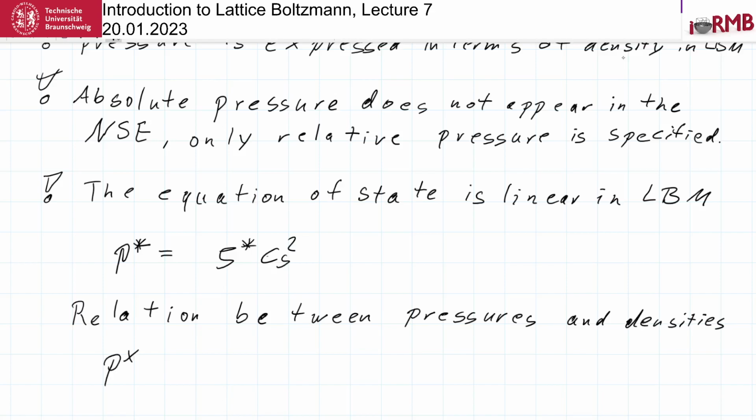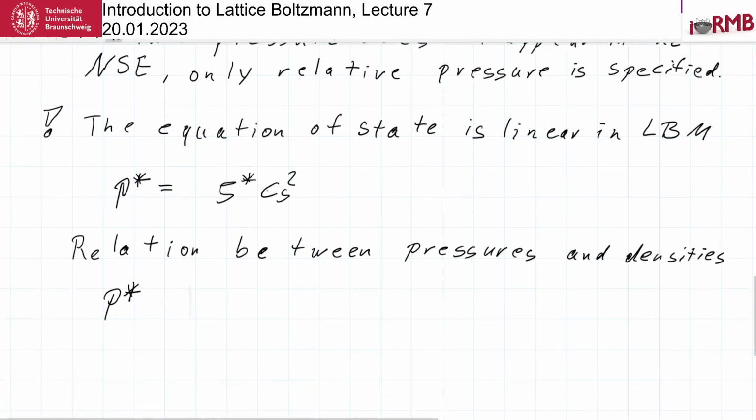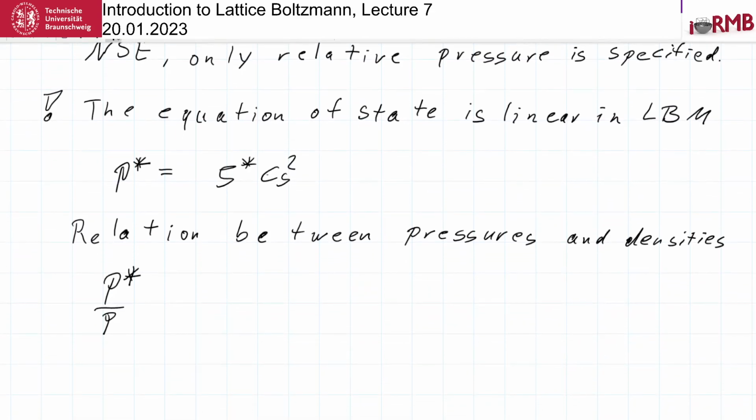So suppose we have a physical pressure and a physical base pressure, then this relationship would be equal to a density and a base density. So what we do in Lattice Boltzmann is we set the base or reference density to 1. This is just for simplicity.